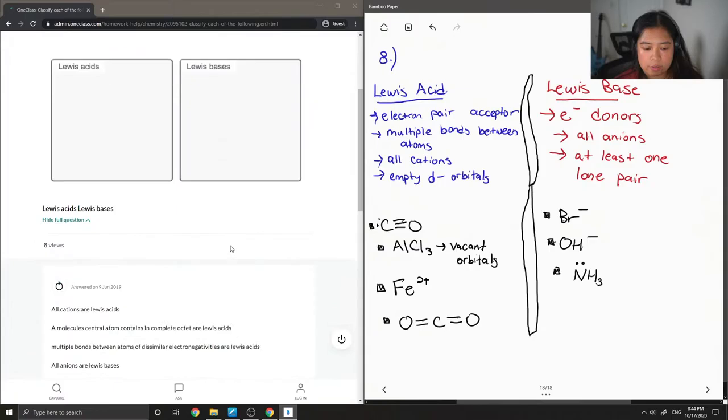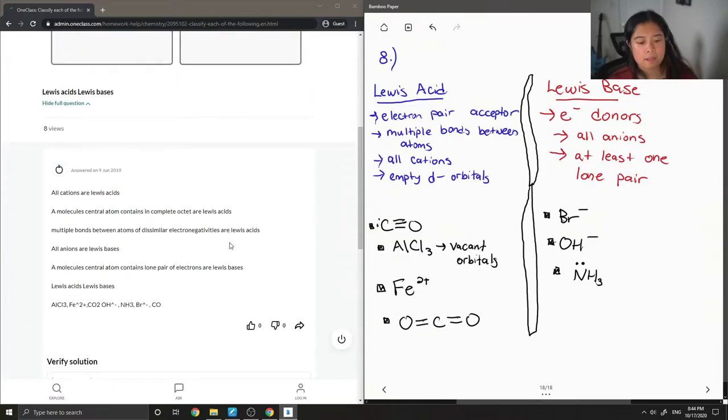Let's see what the junior tutor said. All cations are Lewis acids. A molecule's central atom containing a complete octet is a Lewis acid. And then multiple bonds between atoms of dissimilar electronegativities are Lewis acids.